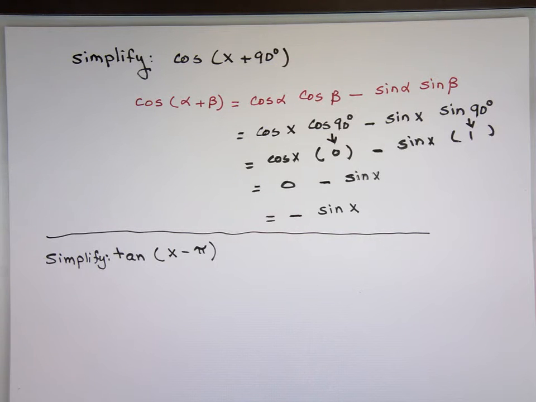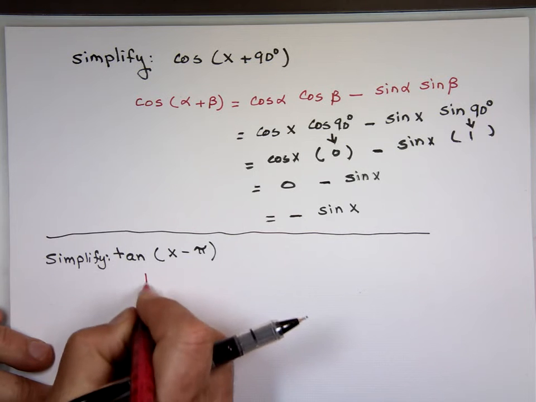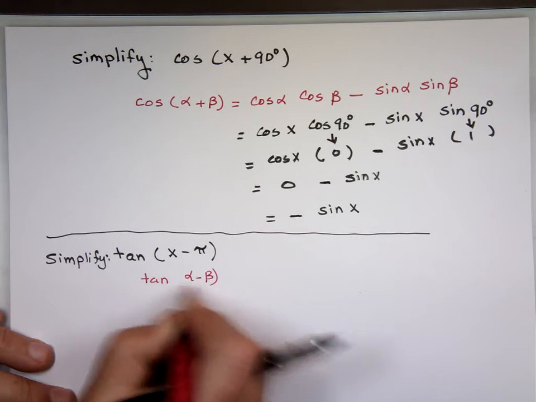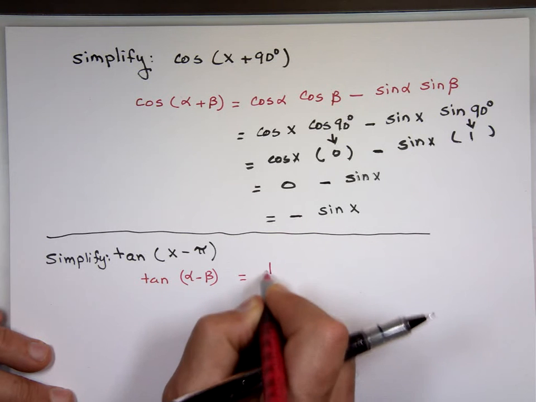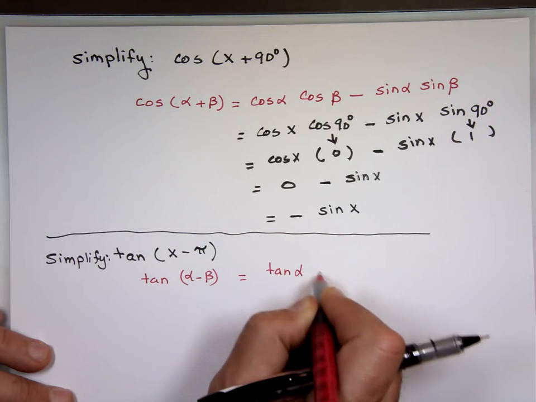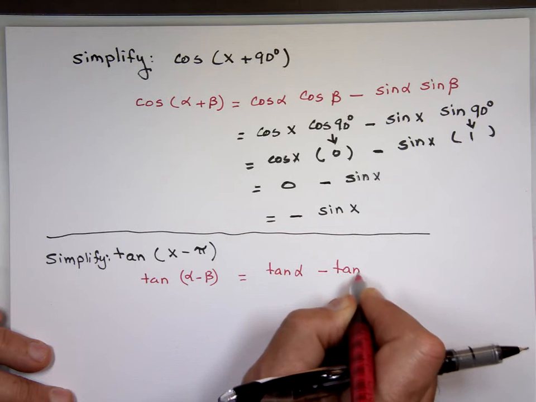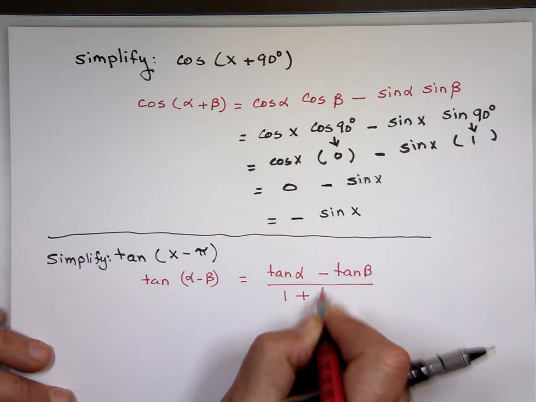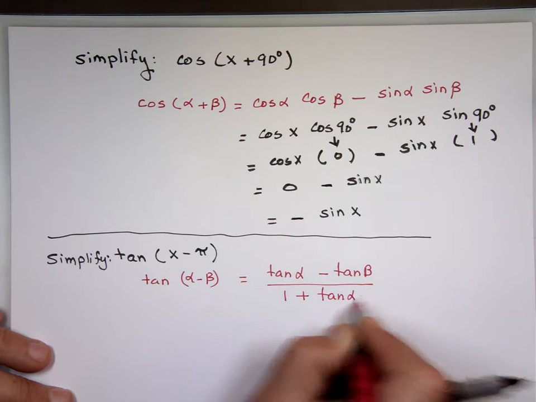This is a minus. We have tangent alpha minus beta is what? It's tangent alpha minus tangent beta over 1 plus tangent alpha tangent beta.